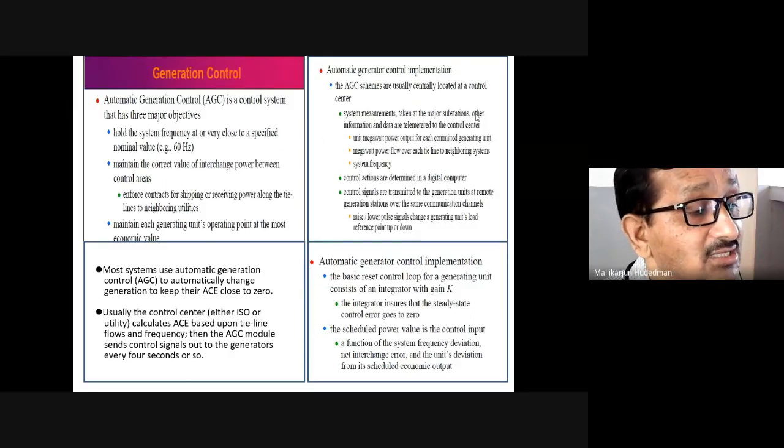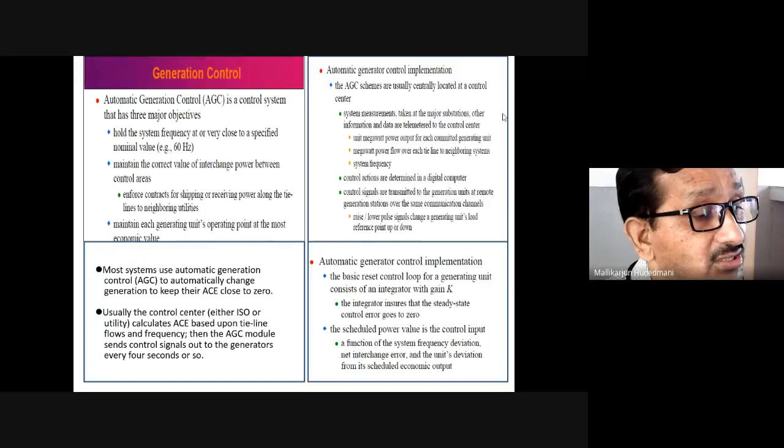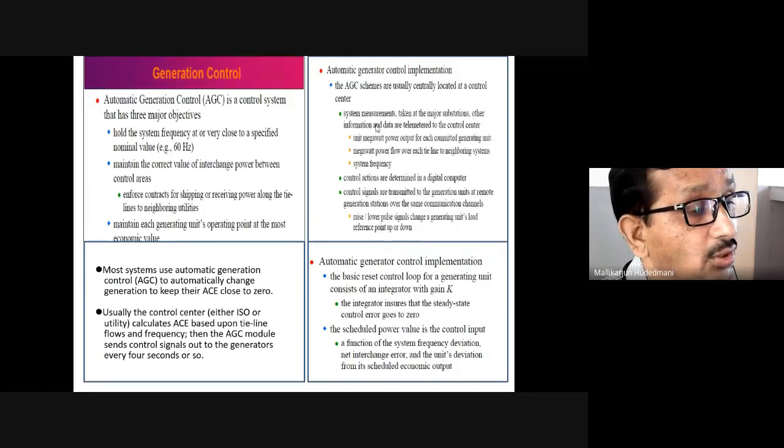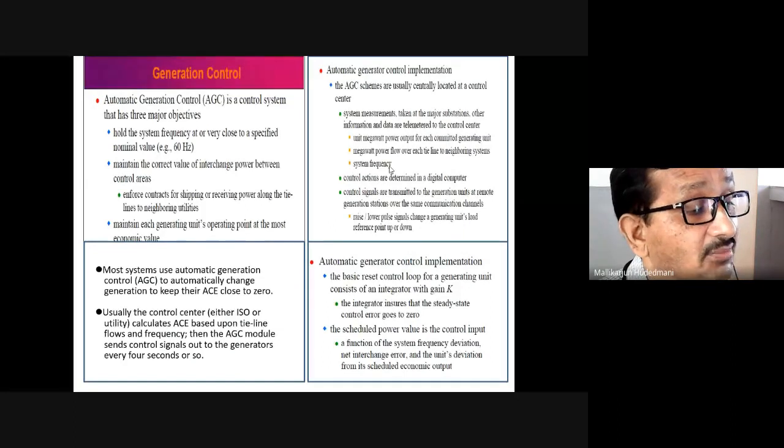That measurement is transmitted through RTUs, remote terminal units, to the master terminal unit located at the energy control center. That data is taken and processed in the control center, like megawatt power for each committed generator, maybe one example, megawatt power flow over the tie line to a neighboring system, and the frequency of the system.